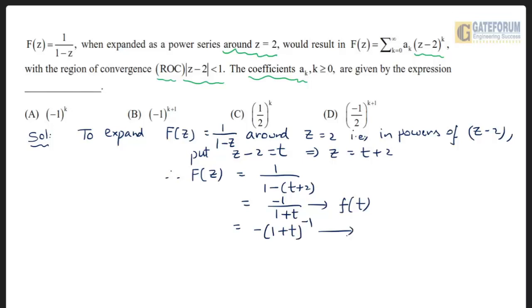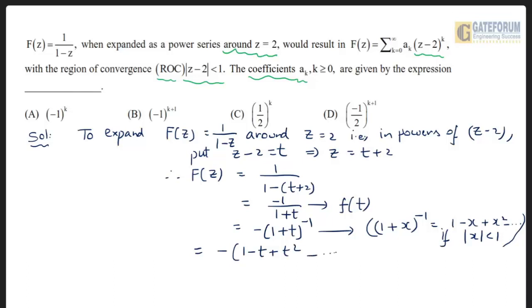So it looks like 1 plus x whole power minus 1, the binomial expansion or standard Maclaurin series expansion, 1 minus x plus x square minus etc., where x is real or complex, if mod x less than 1. This is the condition. Now using that, you will be getting here minus of 1 minus t plus t square minus so on.